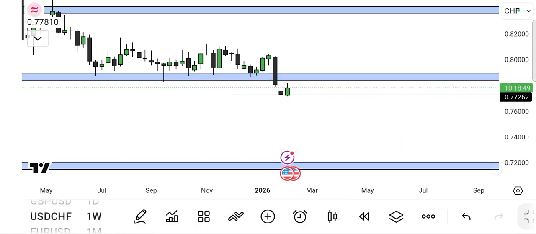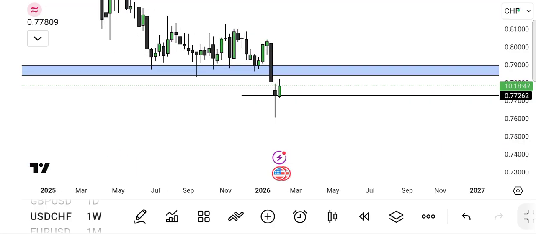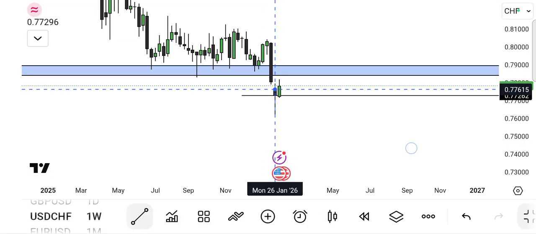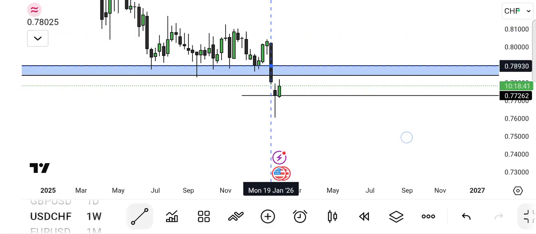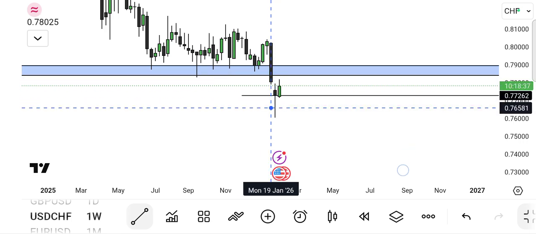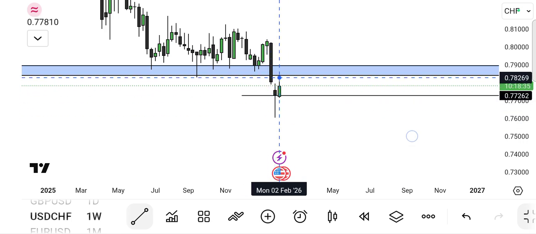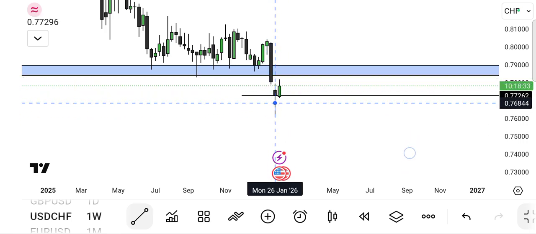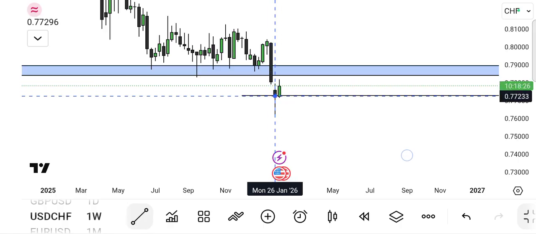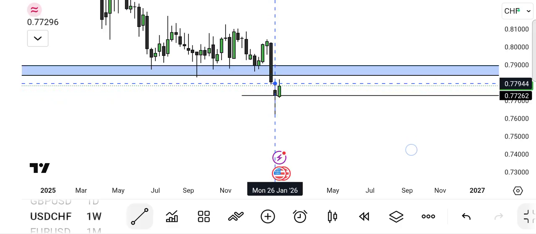Now if you check this very well, on the weekly time frame we have a little bit of concern that's contradicting the market direction. The market created a weak rejection. What type of candlestick formation is this?